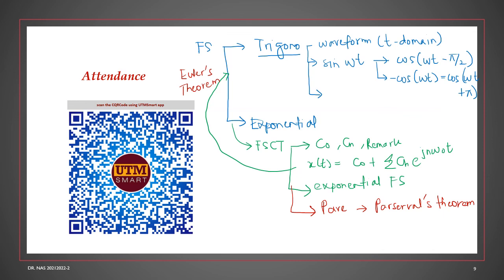So for example, if you have cos squared omega t, this can be expanded by using identity. For example, cos 2 theta equal to 1 over 2 dot dot dot. Okay, so you may see you can simplify the equation by using trigonometric identity.